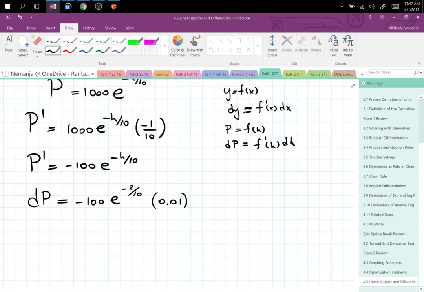So the change in pressure is approximately negative 1 e to the 1/5, right?